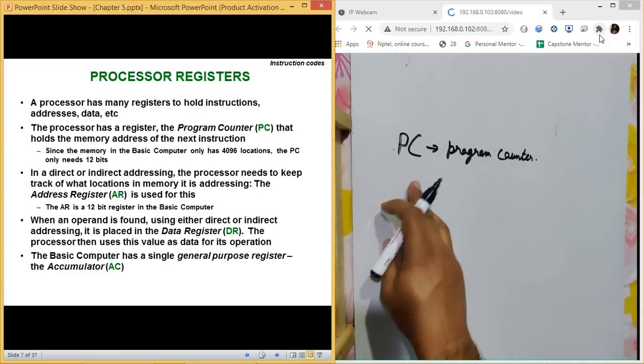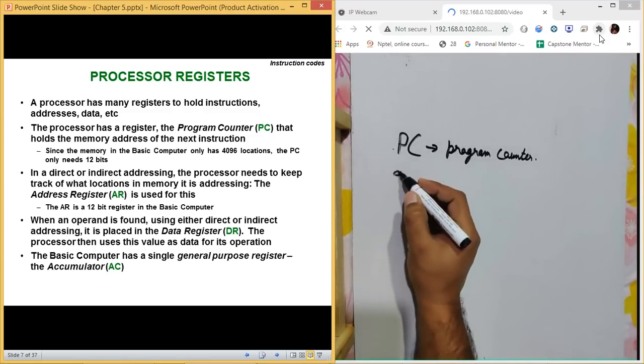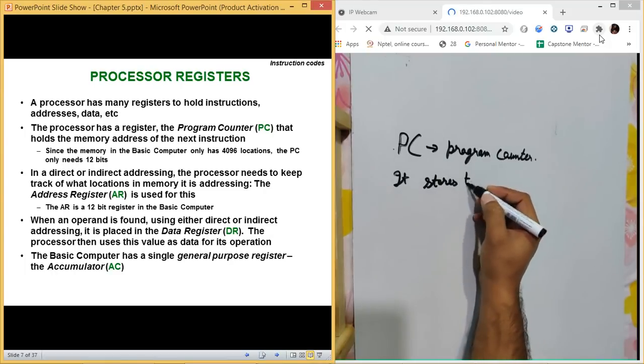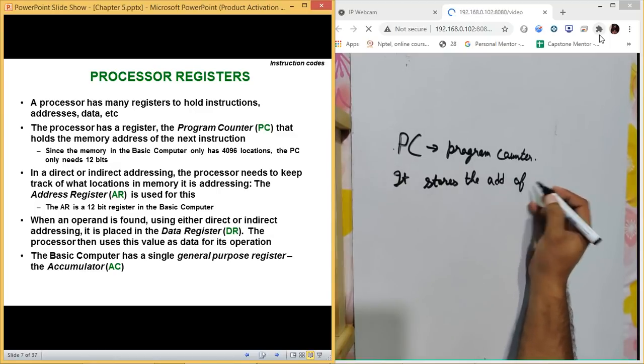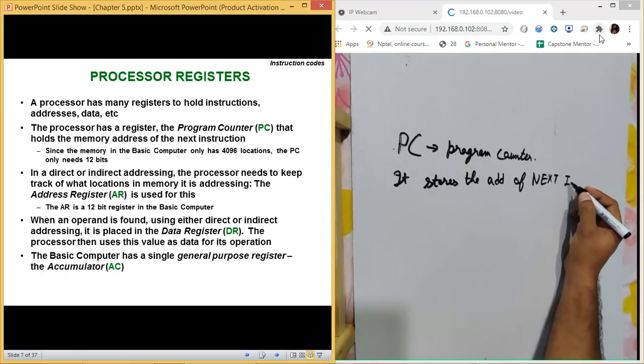Now, what does this PC store? It always stores the address of the next instruction. Please remember it. It stores the address of the next instruction.